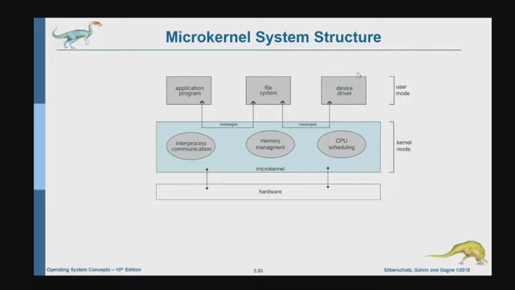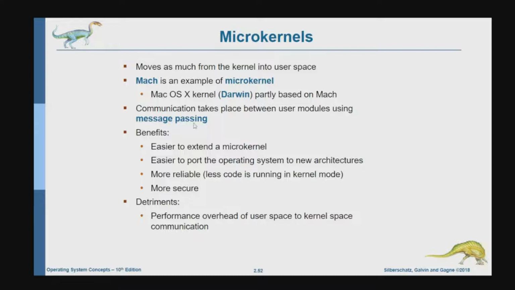It's still quite similar to the previous part in terms of the structure. The lower part, we have the hardware, and then this one is the kernel mode. Inside the kernel mode, we have the interprocess communication, memory management, and CPU scheduling. So this one is under the microkernel.